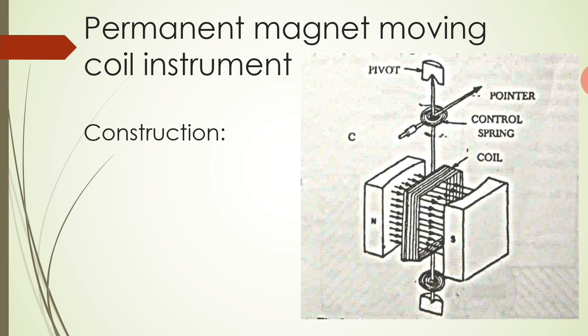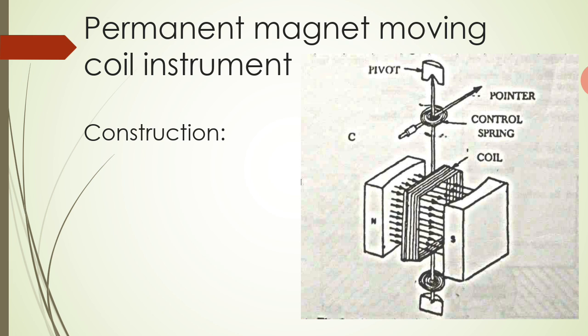When the permanent magnet moving coil instrument is used for measuring current, the current flows through the coil, which is placed in the field of the permanent magnet. So a force acts on the conductor of the coil which makes the pointer move on the calibrated scale.